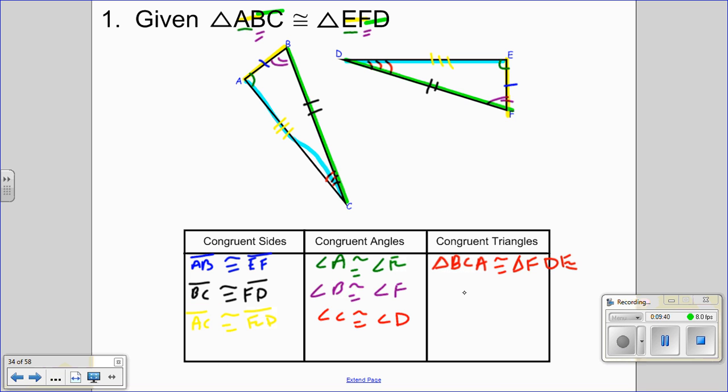I'll just name one more just to show you that it doesn't matter, but the order of the letters do. So I could say triangle CAB is congruent to triangle DEF. So again, make sure the correct angles go in the correct locations.